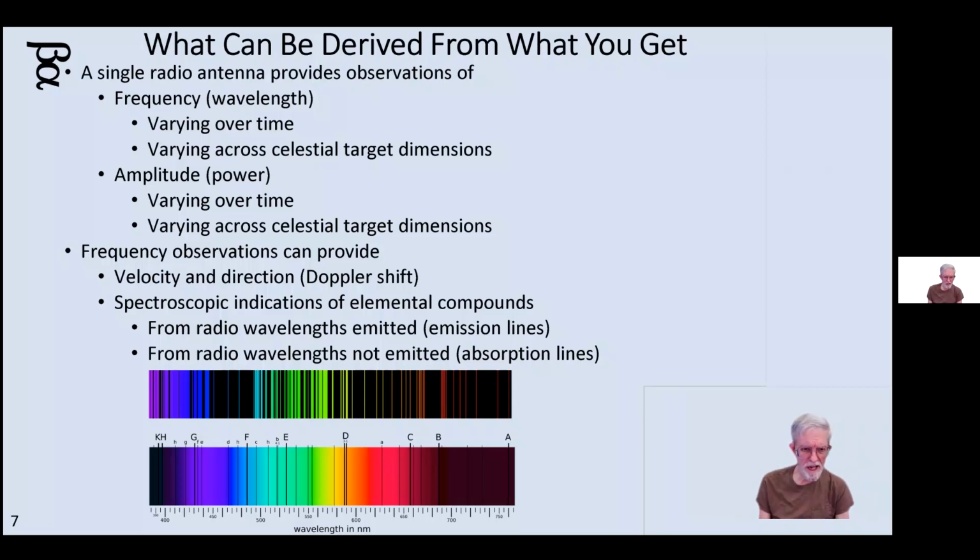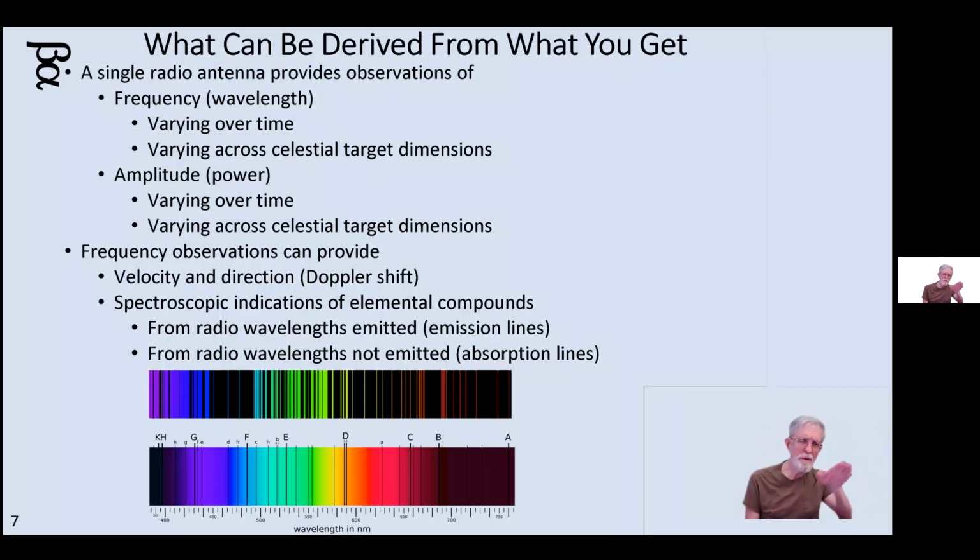You can see the shape of whatever you're targeting. And then you can see the brightness of it because you're receiving a signal that varies in power, varies in amplitude over time. And as you either have the Earth rotate or you pan your antenna, you can see the amplitude of the object.